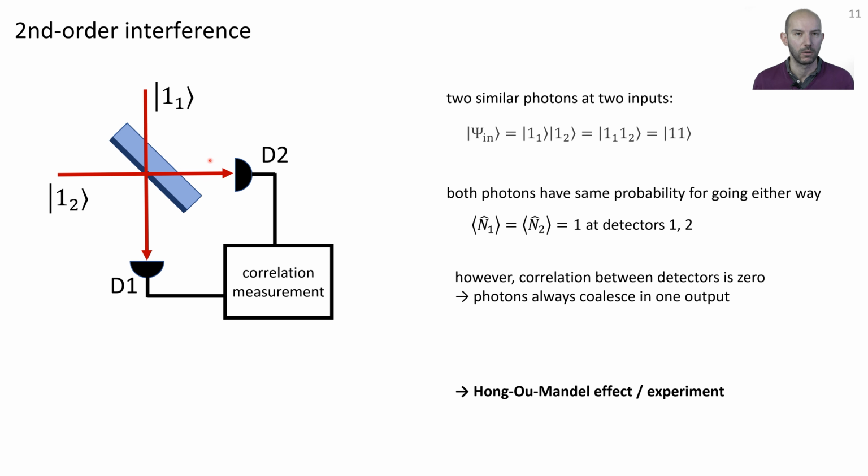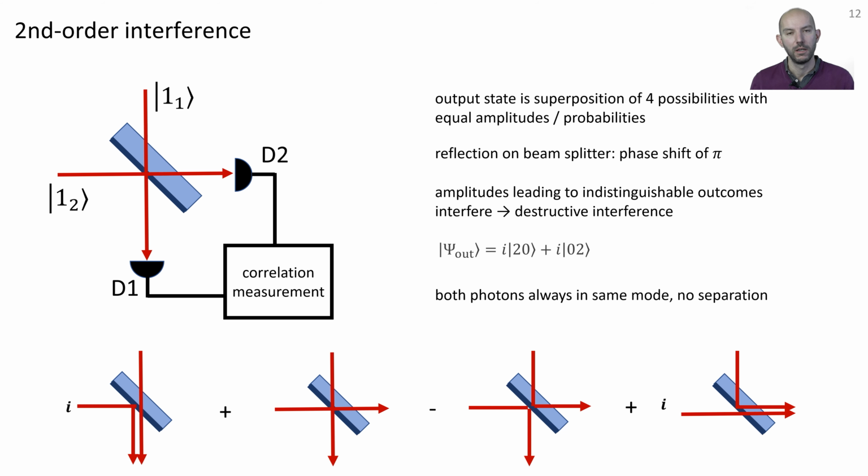If we now consider the possibilities that the two photons can take in these experiments, then we find that there are actually 4 different possibilities, and our output state is a superposition of exactly these 4 possibilities. What we can have is that the photon coming from here is transmitted by the beam splitter, the photon coming from the left is reflected by the beam splitter where it gets a phase shift of pi over 2. So there, this i here.